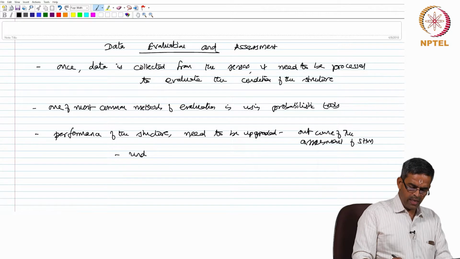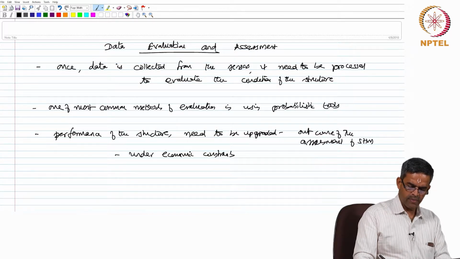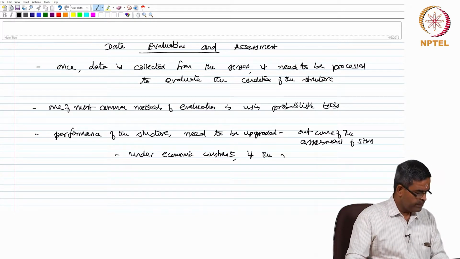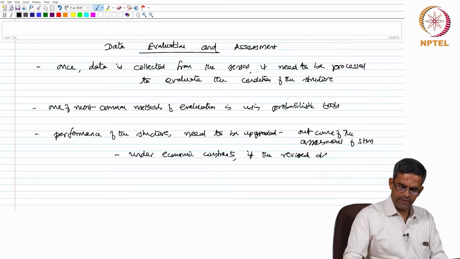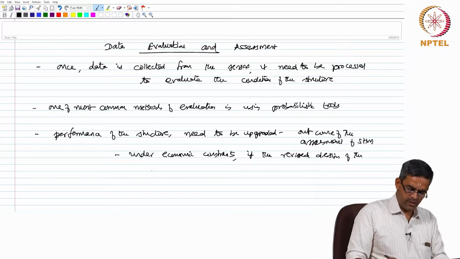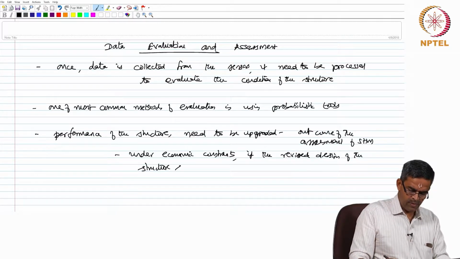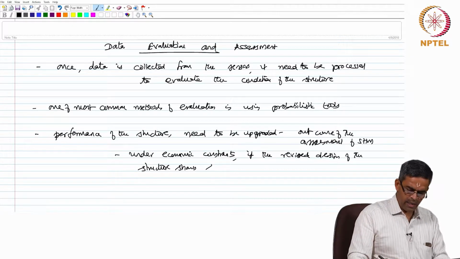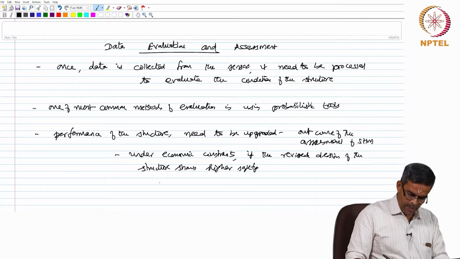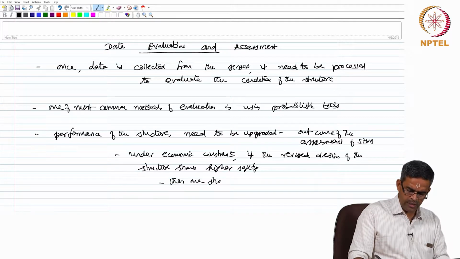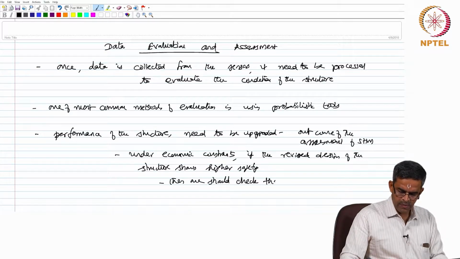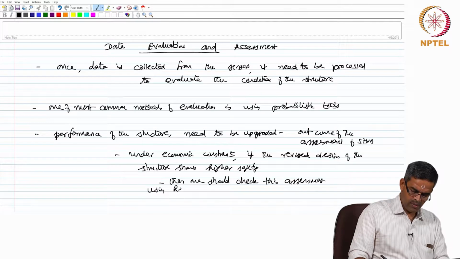Let us say under economic conditions and economic constraints, if the revised design of the structure shows higher safety, then one should check this assessment using reliability tools.